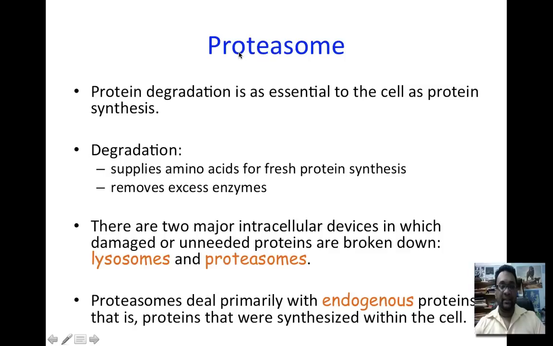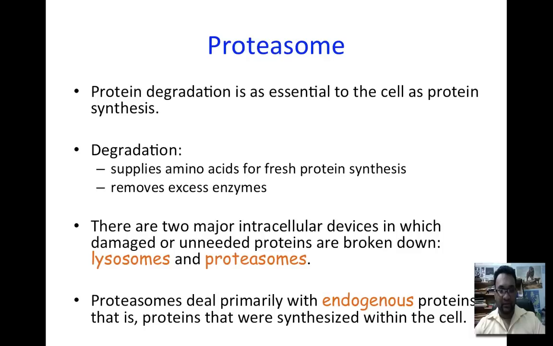Now, the proteasome and the lysosomes are responsible for degrading proteins that are within the body. All right. Now, there's also digestion of dietary proteins, which will involve enzymes in the stomach and the pancreas and so on.